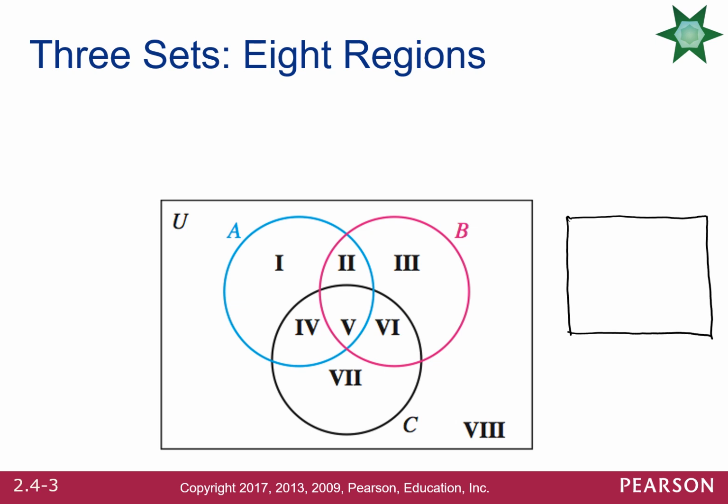And this rectangular box represented the universal set, which contained all the elements related to a particular study, a particular topic. All right. So we had the universal set represented in a rectangular box, and within that we had represented two sets as circles, correct?